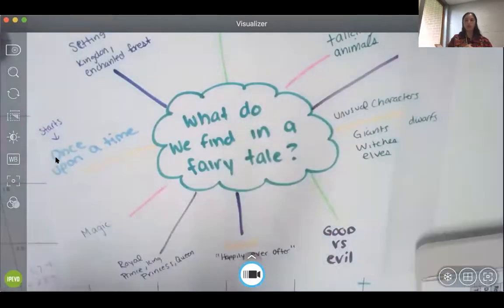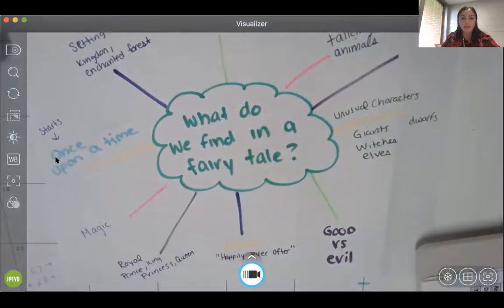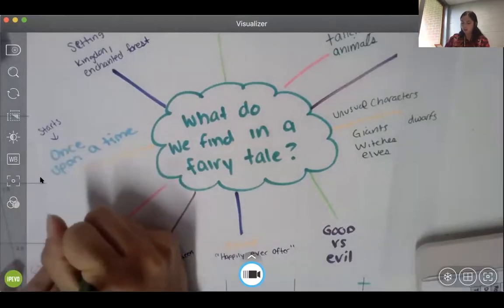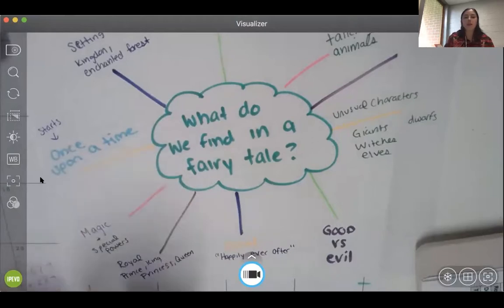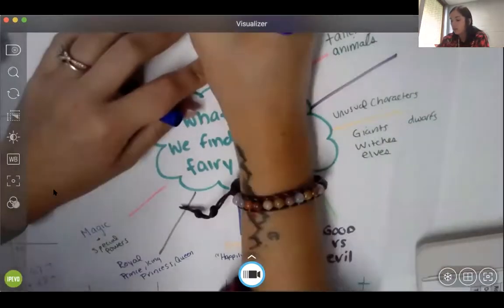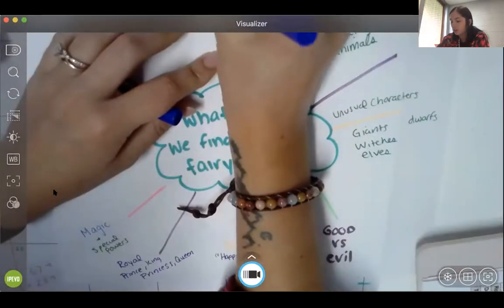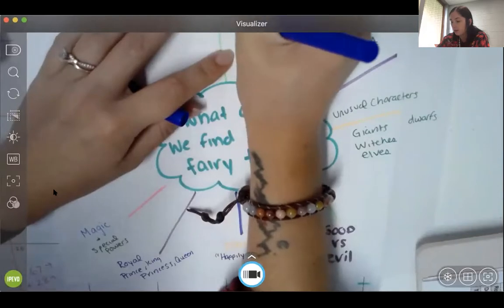So other mythical creatures that might show up. Special powers, so that kind of goes with magic. And one last thing we can add is they usually have a happy ending. So they don't always have to have one, but they usually do.